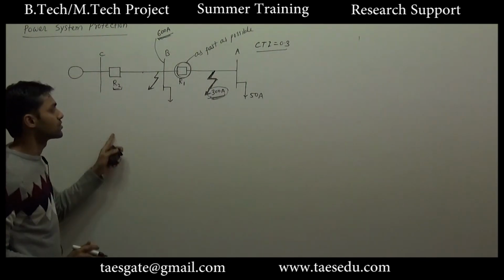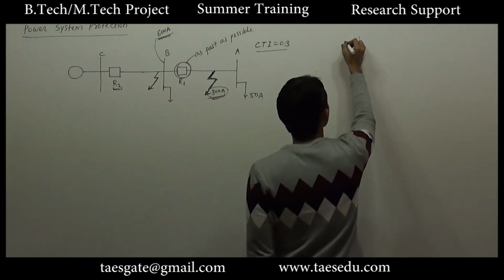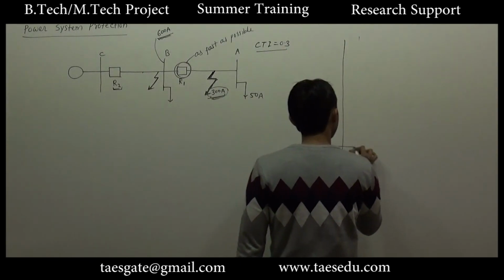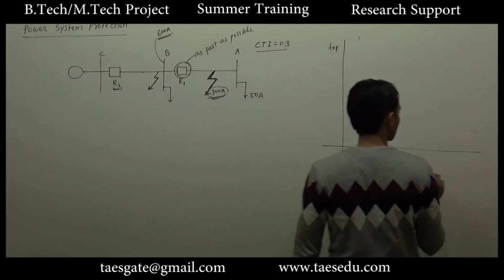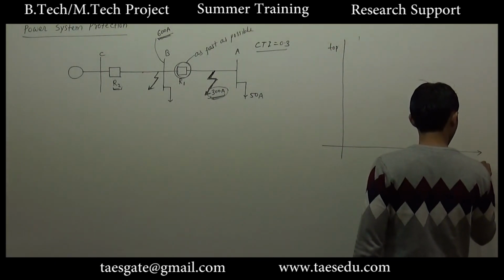Now let us analyze this question on a graph. Here we have operational time, and here we have fault current.